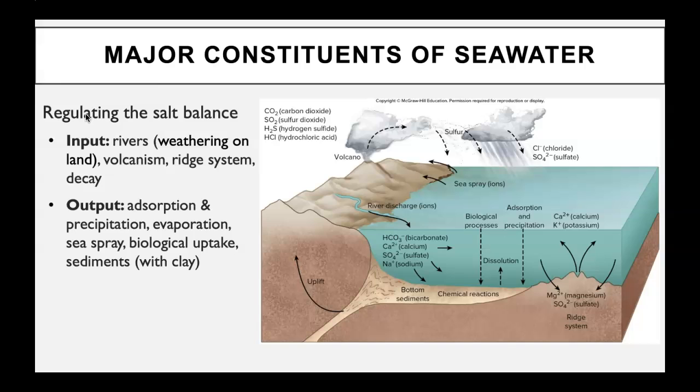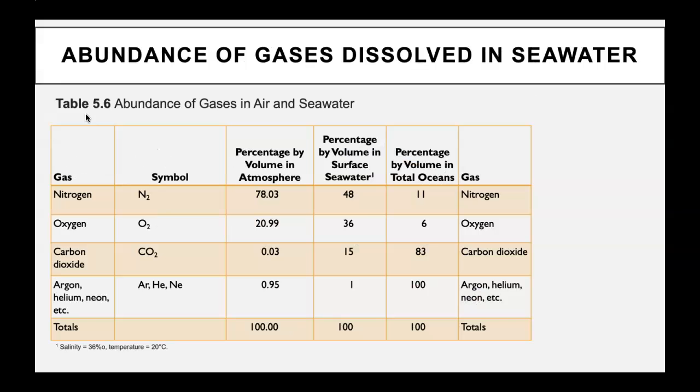There can be minerals that are going to grow on like sea cliff areas, and so the sea spray takes ions out of the water. Biological uptake, biological processes are going to pull different cations and anions out of seawater, mostly to make their hard parts. And then sediments are kind of, especially clay, are kind of sticky, and those are going to pull ions out of seawater.